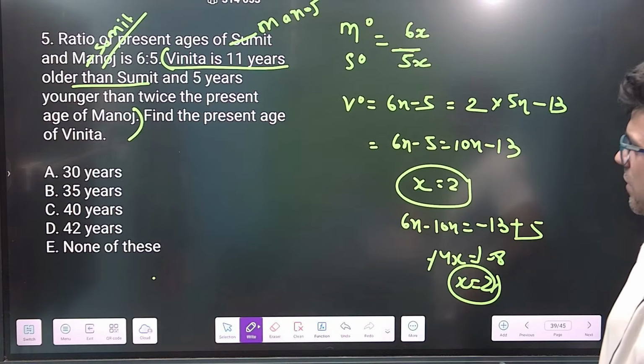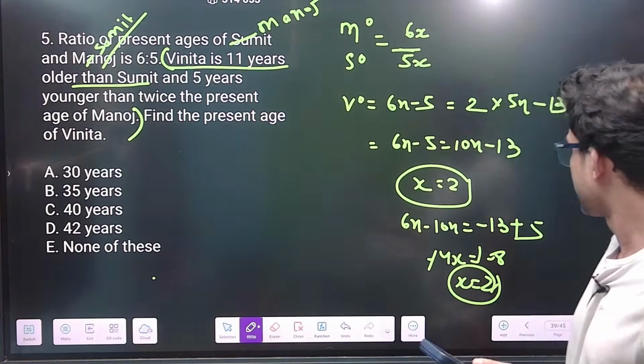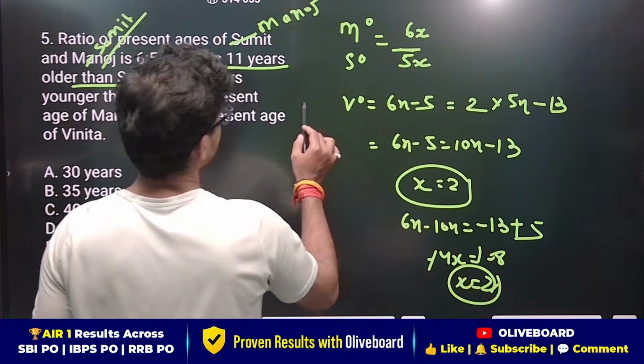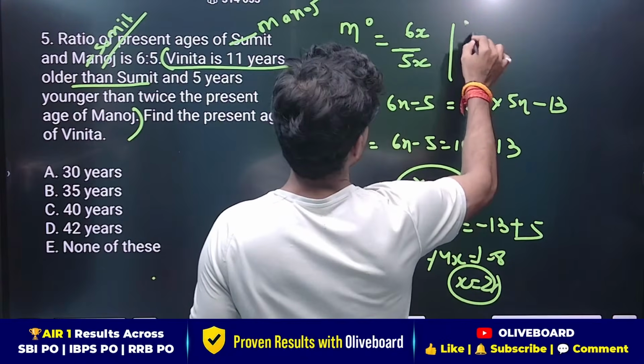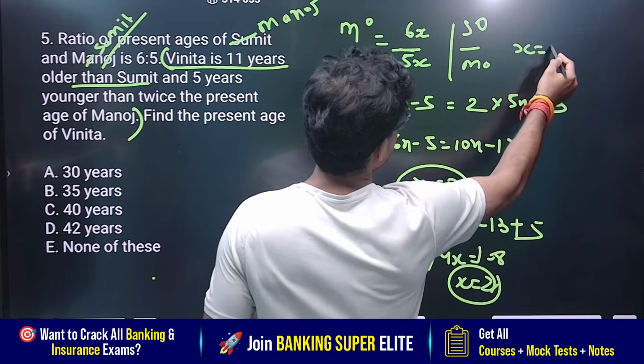I think everything is fine. Okay, fine. If you have taken the ratio from Sumit to Manoj, then you are getting the value of x as 4, right?